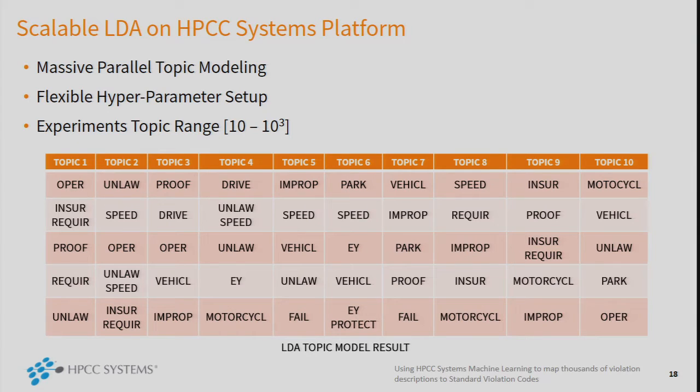So with domain knowledge, we know most probably it's a motorcycle related unlawful parking violation. So all these are run by using LDA to analyze the millions of MVR data. So that is my project using LDA to explore millions of MVR textual data.